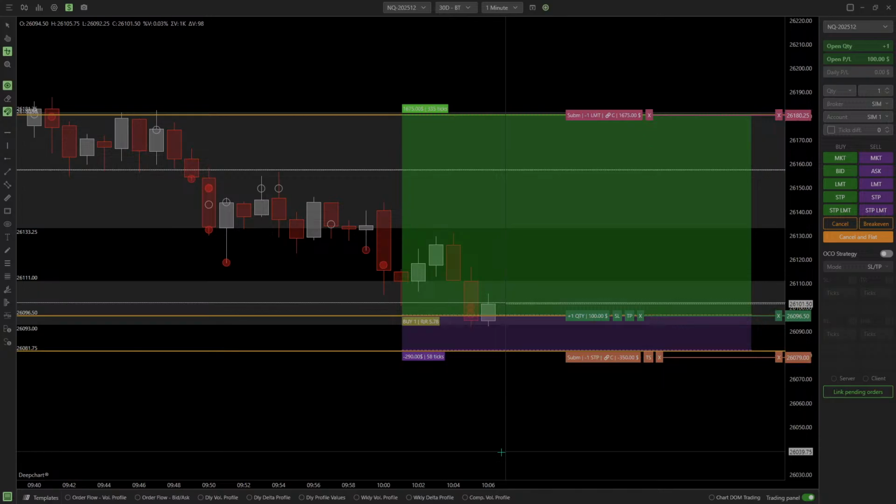Thing is, with these prop firms, you have to really manage the drawdown, especially with trailing drawdown days or trailing drawdown accounts.